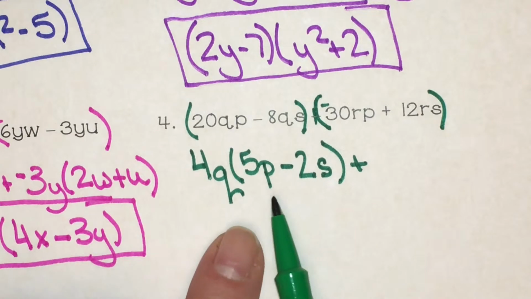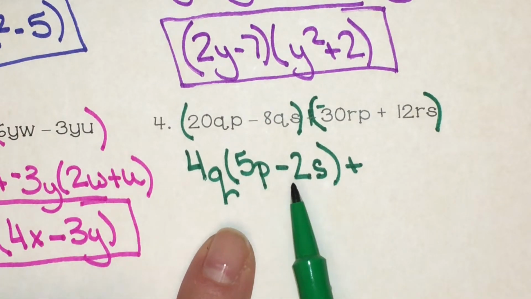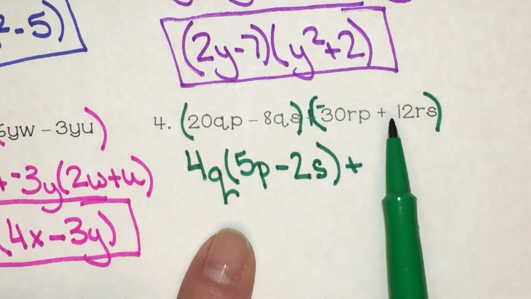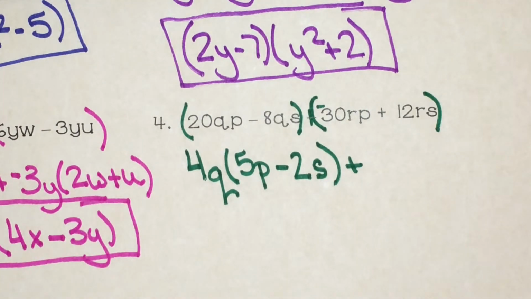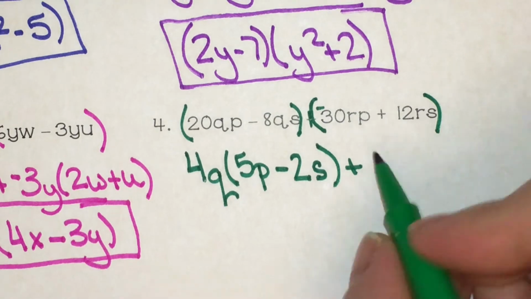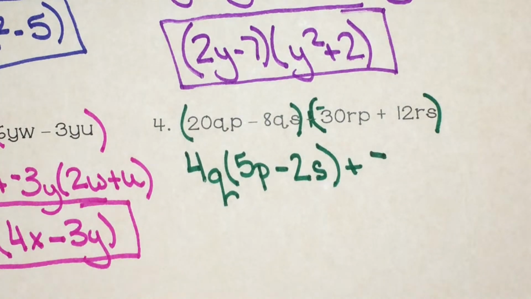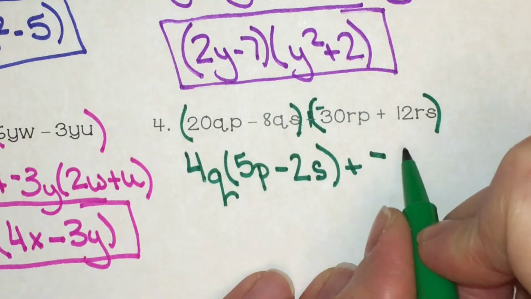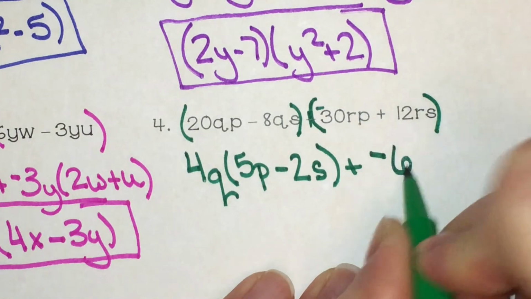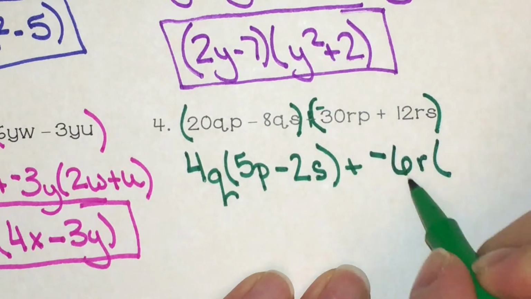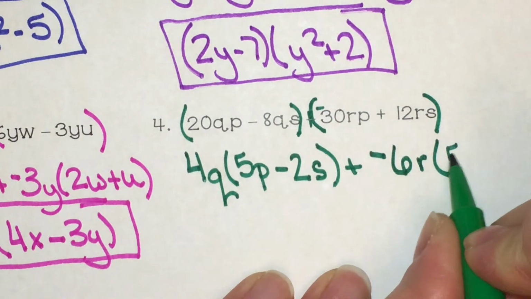All right, in the parentheses, we have our first term positive, second term negative. Here, the first term is negative, second term is positive. So, in order to switch that, you factor out the negative. And let's see, we have a 30 and we have a 12. Well, we can divide them both by 6, and they both have an r. All right, negative 30 divided by negative 6 is positive 5.